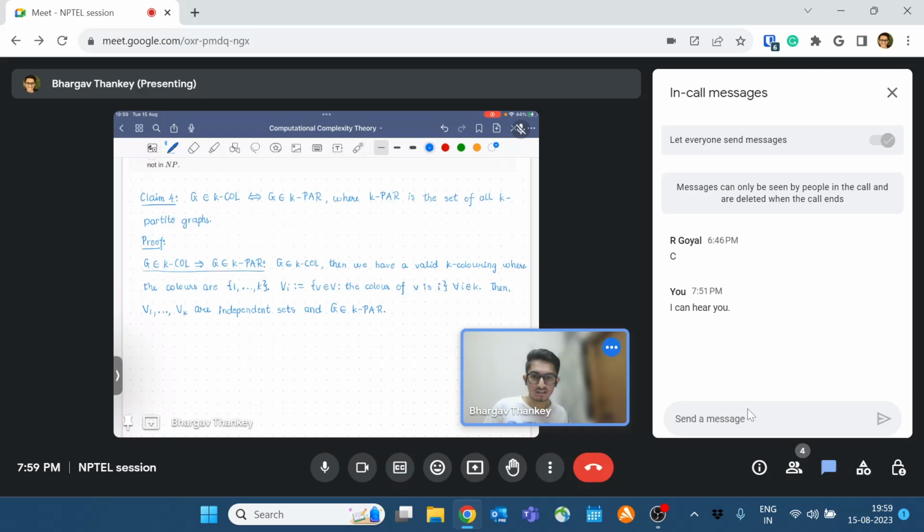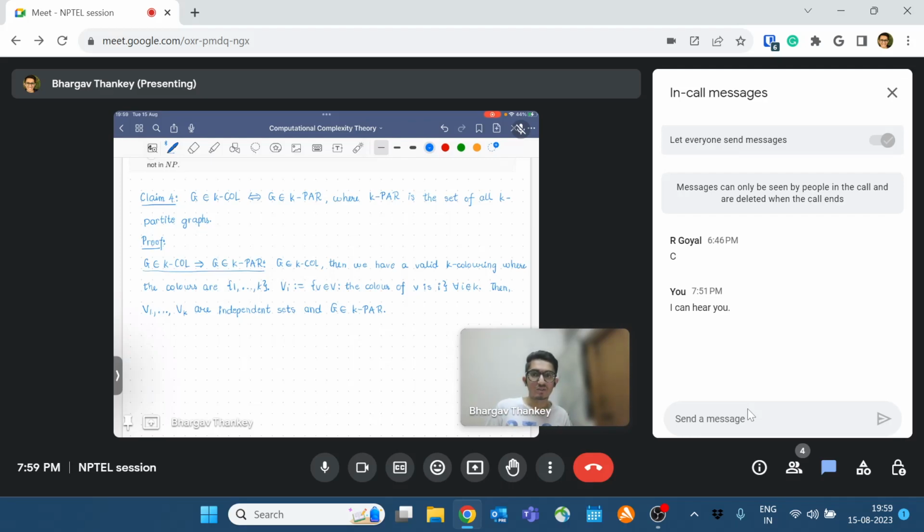Now each and every Vi is an independent set. Do you see why? Inside this Vi, we have all the vertices whose color is i, so they have the same color, right?